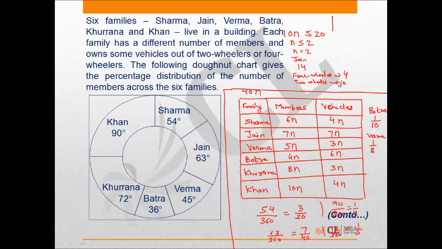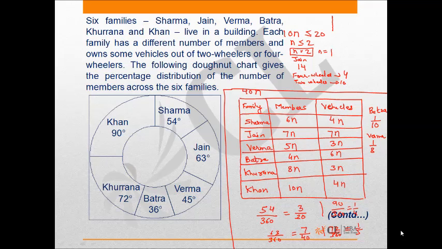It is given in the data that no family has more than 9 two-wheelers, which means that the assumption that n is equal to 2 is wrong. So the only choice left is n is equal to 1. Once we figure out the value of n as 1, we can fill in the members as well as the number of vehicles.